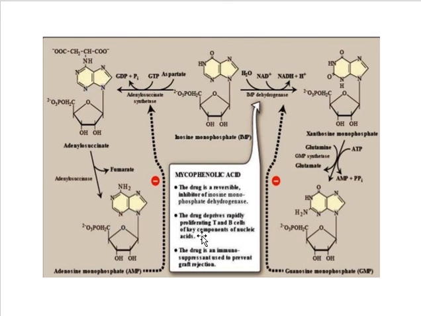So the mycophenolic acid deprives the T and B lymphocytes of the key components of nucleic acids. So with the deprivation of GMP and then the AMP, the nucleic acids are not synthesized.